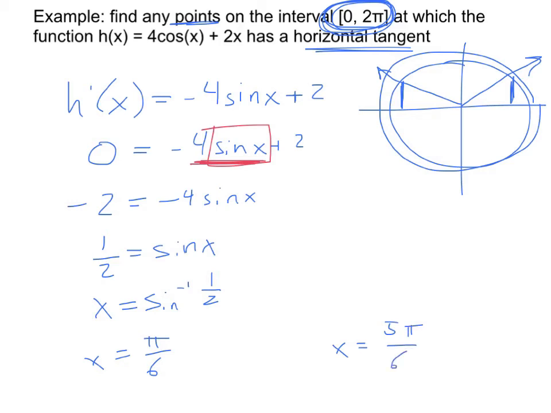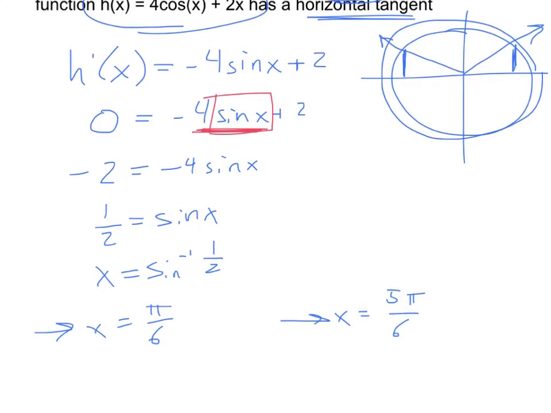So now that I have these two values, these are the locations of the horizontal tangents, but if I want the points of horizontal tangency, I need to evaluate my function at these two x values. So I'll move on and do that next. To do this evaluation, I need to do h of pi over 6.